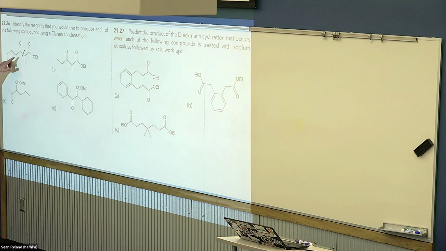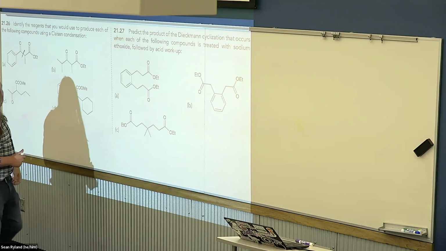And so if this is the bond we're making, if we slice that in half, the side that has the alpha carbon attached is the one you started with, doing LDA. And that's the one that's going to turn into our nucleophile.